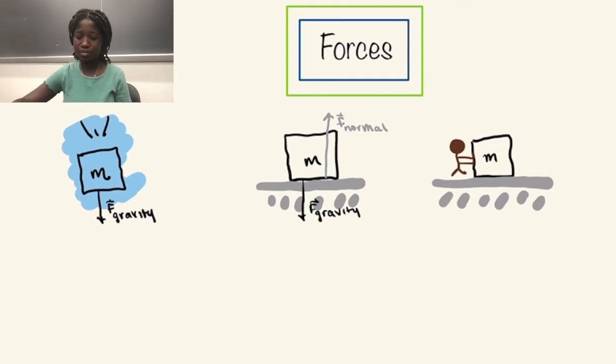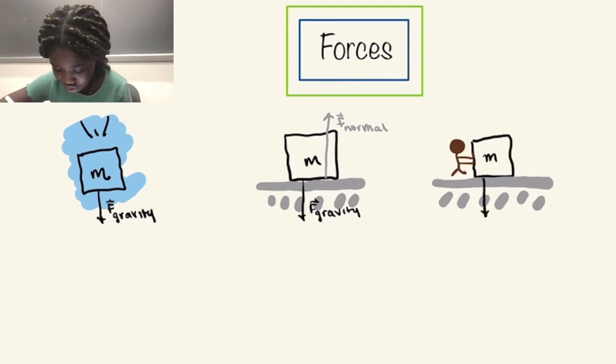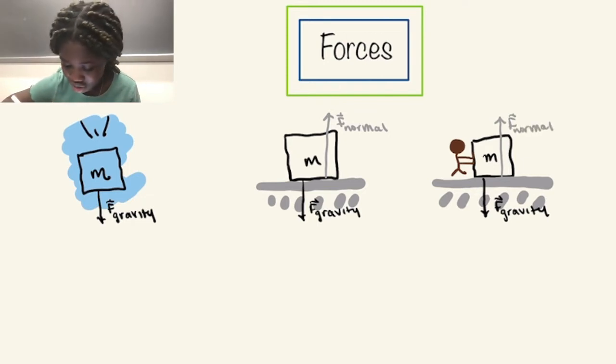What are the forces? We got our gravitational force, we have our normal force, and then we also have the force of me pushing the block, and that is the applied force.